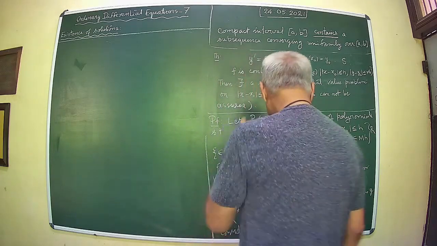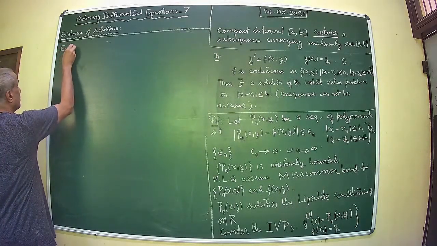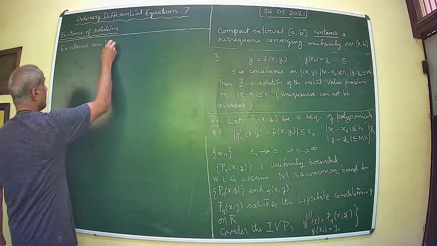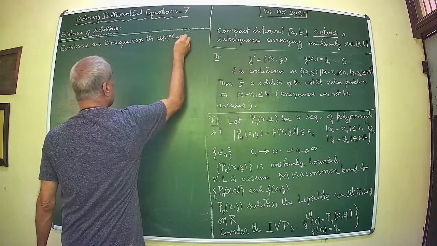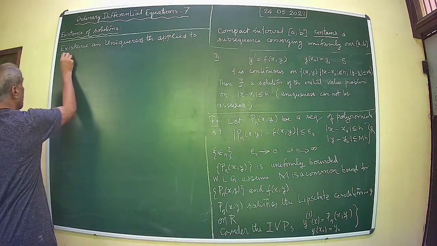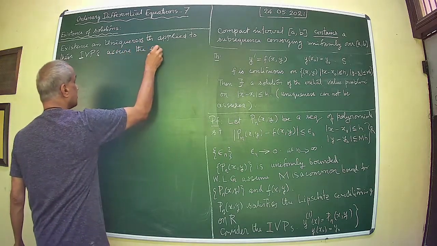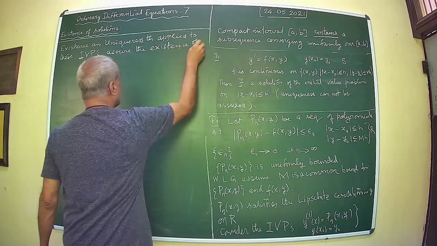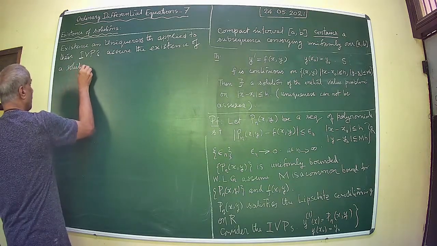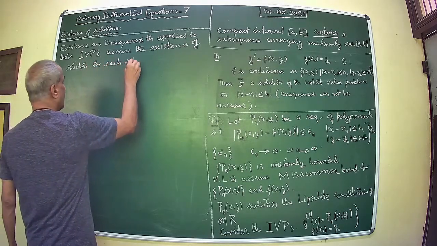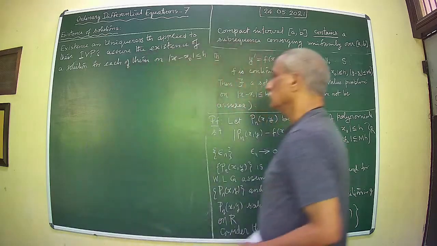Okay. Before that, the existence and uniqueness theorem applied to these IVPs assures the existence of a sequence of solutions, one for each of them, so that is guaranteed.